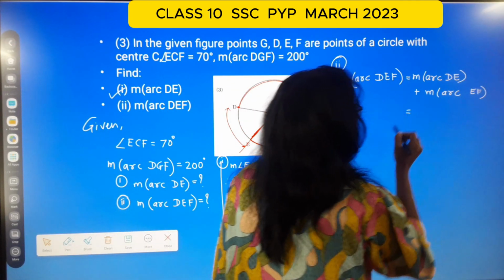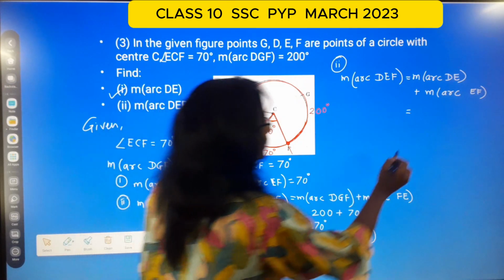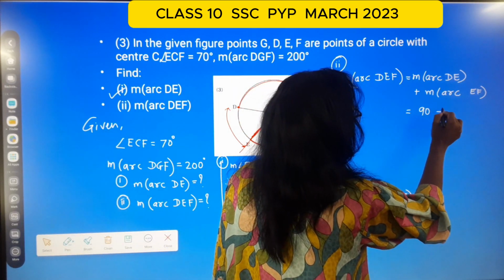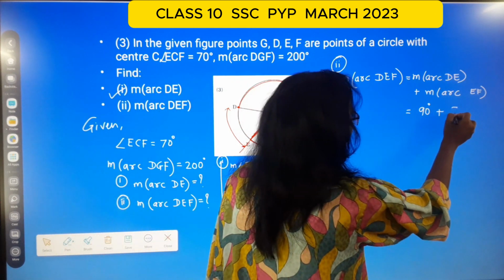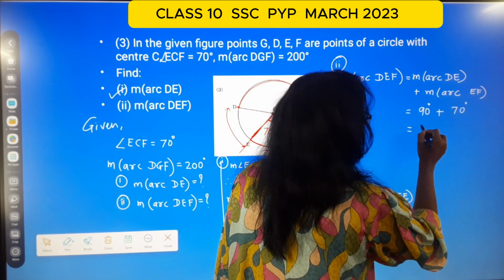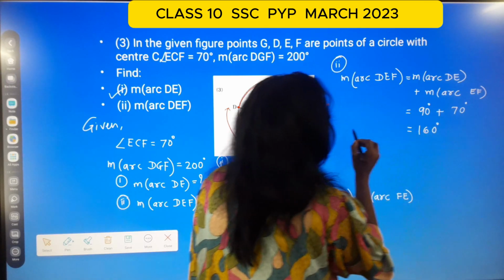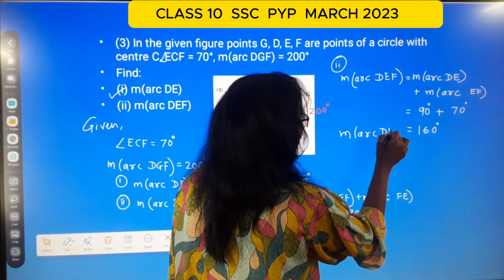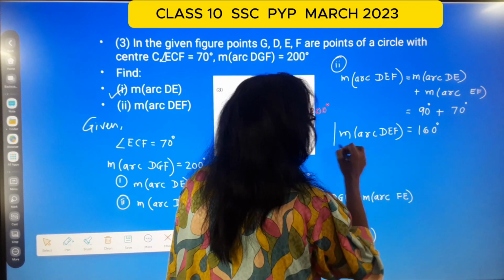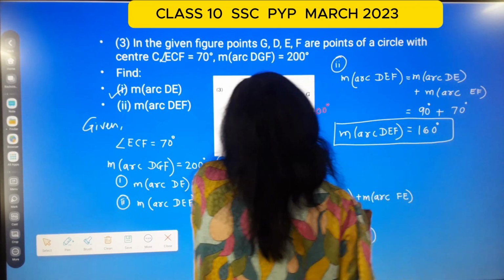So that means students, major arc DE is equal to 90 degree, and the major arc EF is 70 degree. So 160 degree. Major arc DEF is equal to 160 degree.